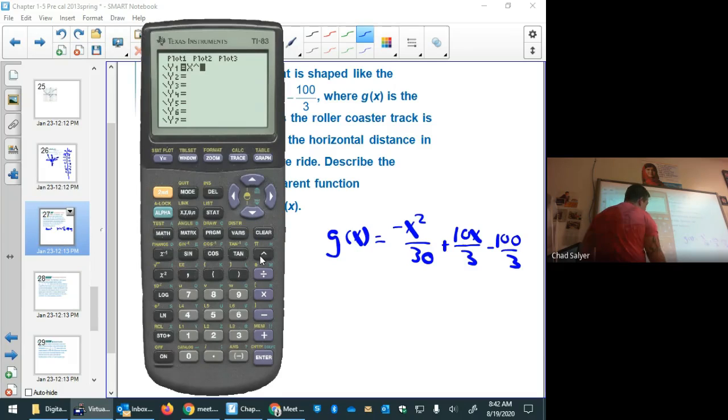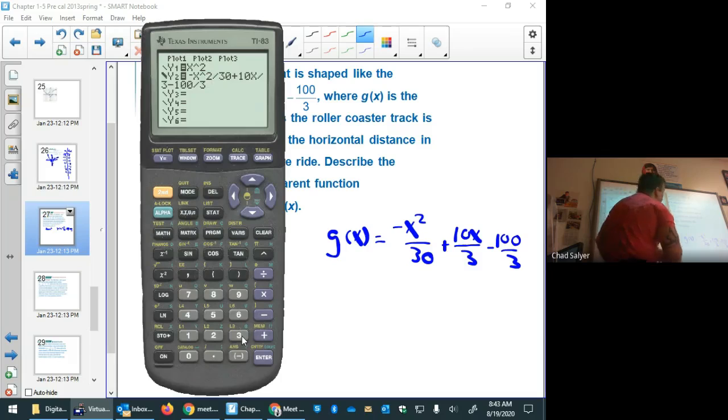So first of all, x squared, and then with the fat line, again, negative x squared divided by 30 plus 10x divided by 3 minus 100 divided by 3.